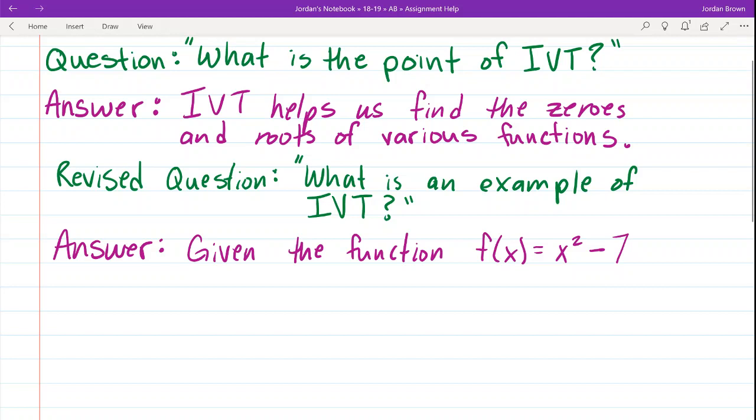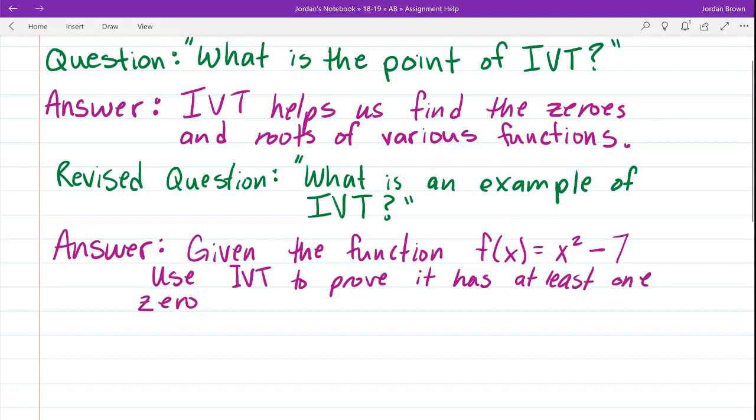So we want to, given this function, it'll say use IVT to prove it has at least one 0 on the interval. Let's say -3 to 2. Okay?